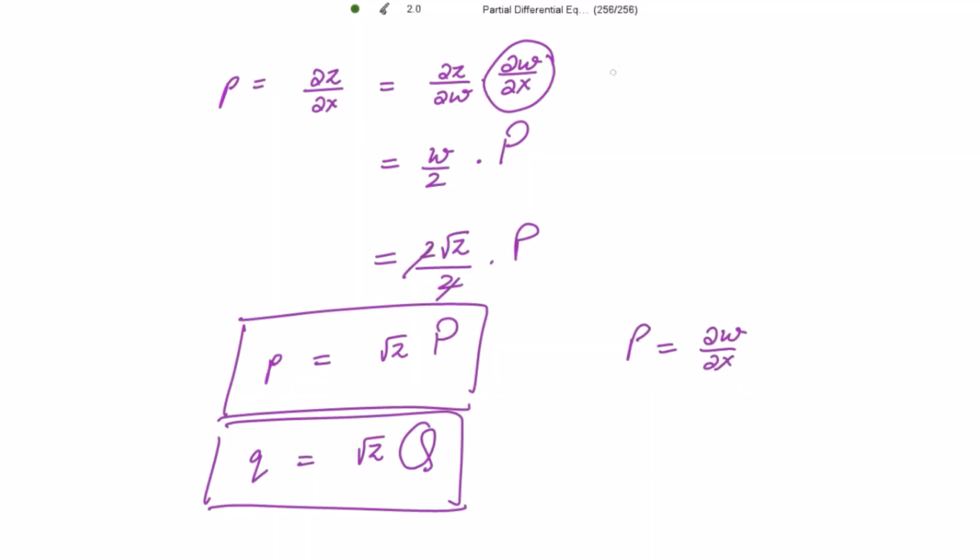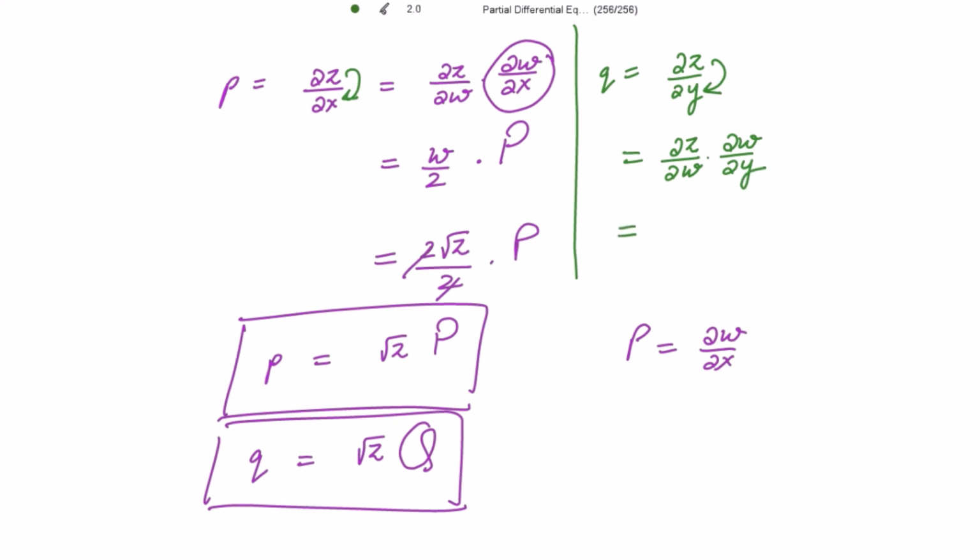Similarly, when you find q, that is ∂z/∂y. z depends upon both x and y, which can be further written as ∂z/∂w into ∂w/∂y. Again, ∂z/∂w is w/2, or 2√z/2, so that is √z only.